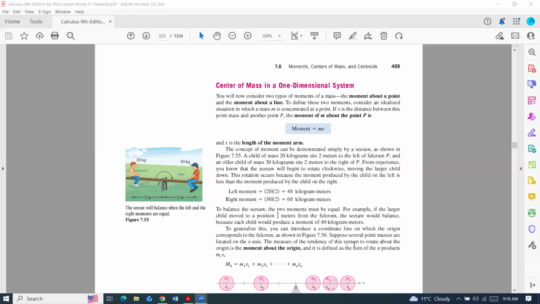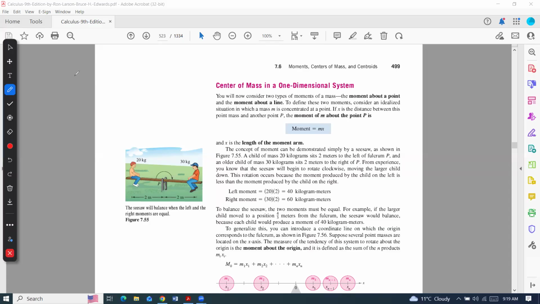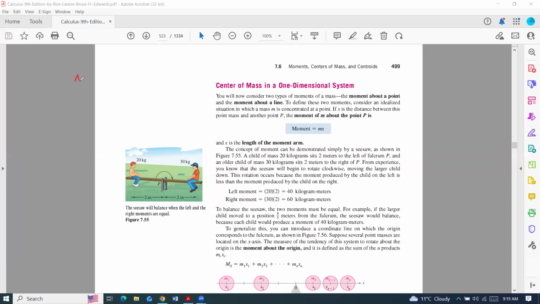In the next section, they use a formula analogous to what we saw. So we take moment times x. How can you intuitively see it? If you have two people on a swing, how do you put it in equilibrium position?